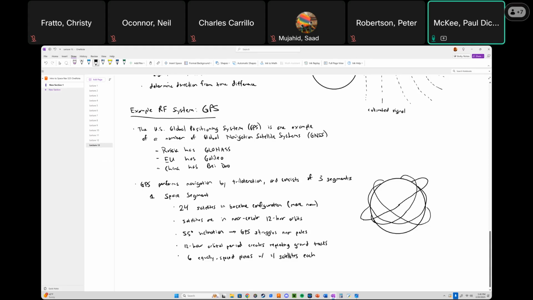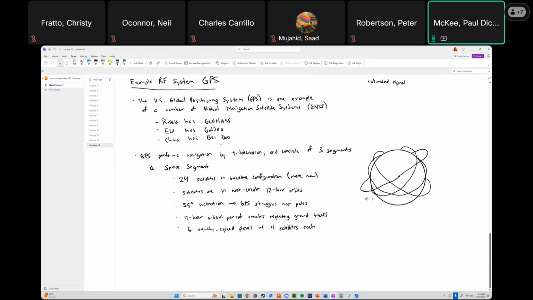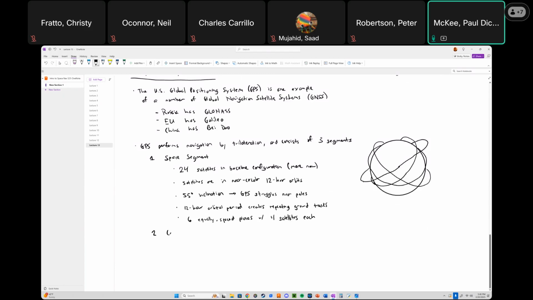So the next is the control segment. This is the space segment. There's the control segment. Having 24 satellites is not enough to solve navigation across the surface of the Earth. There is a master control station, which is near Colorado Springs, which operates the satellites.